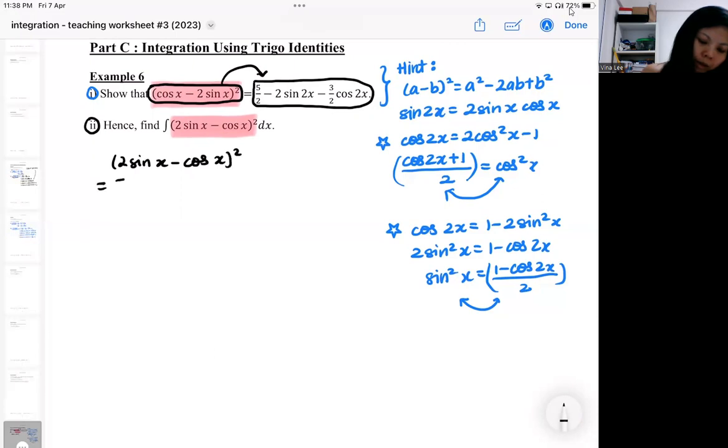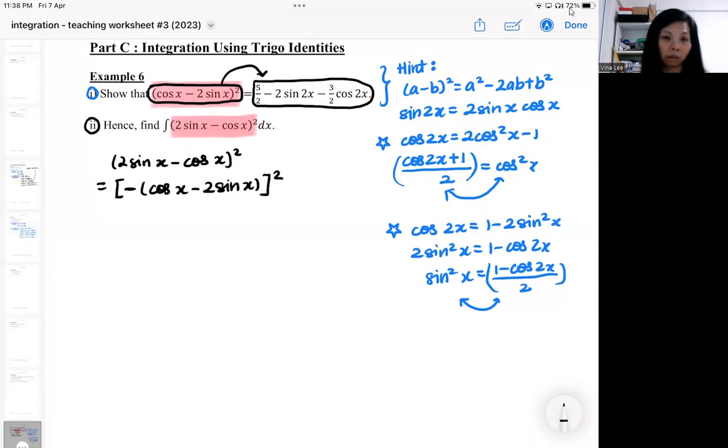So you need to be able to think, like maybe I factorize out a negative. So if I factorize out a negative, I'm factorizing out the negative within the square. And then the negative is like a -1. So I'm going to square the -1.